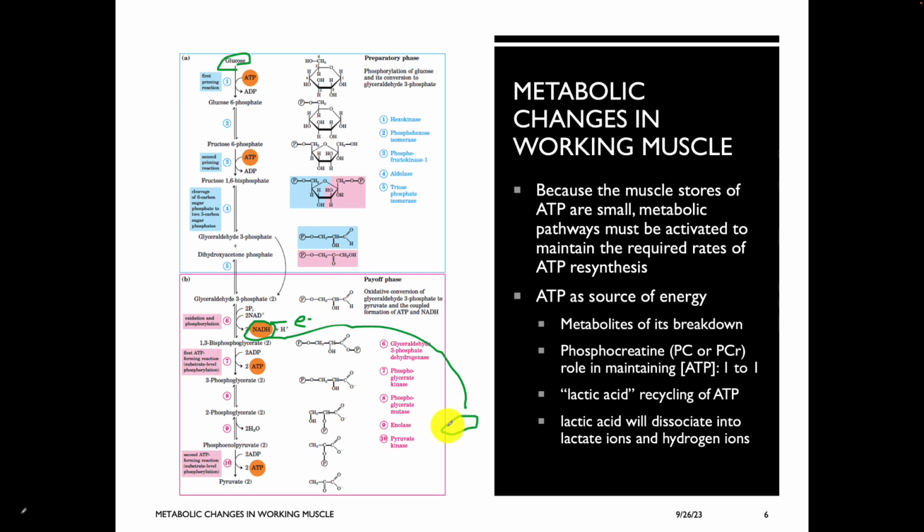That's a mitochondria, where that NADH will help generate ATP in the mitochondria. But we will also generate ATP here and here before we even get to pyruvate. And once we get to pyruvate, if we're doing anaerobic glycolysis, that pyruvate will be shuttled to produce lactate and hydrogen, right?